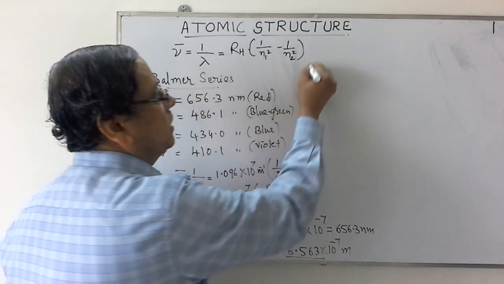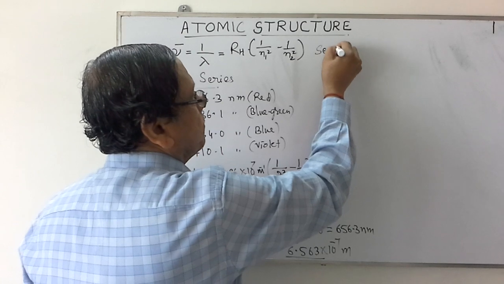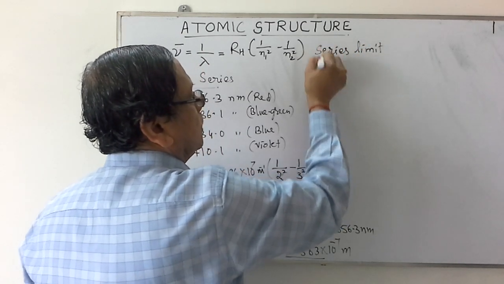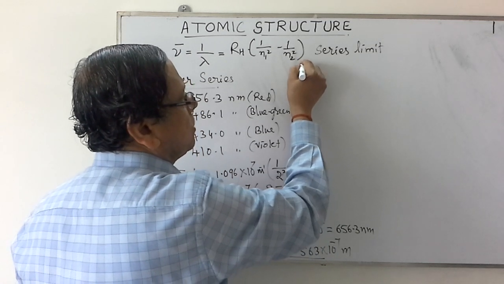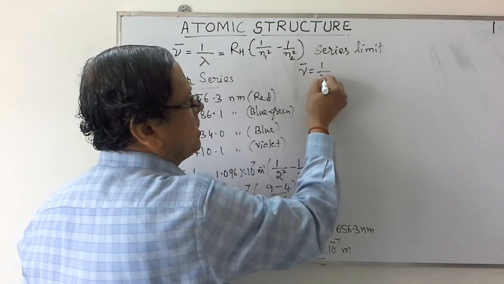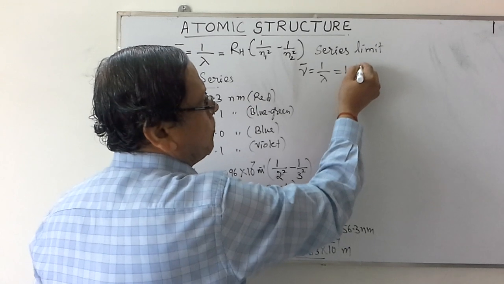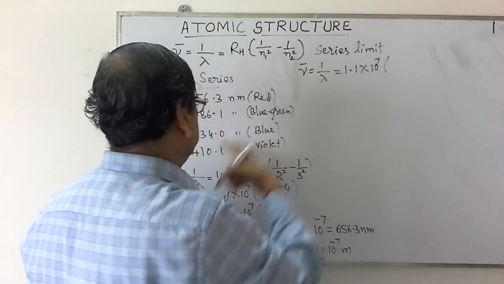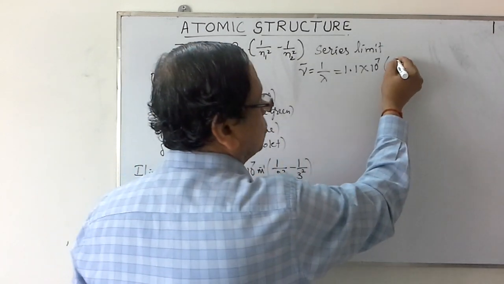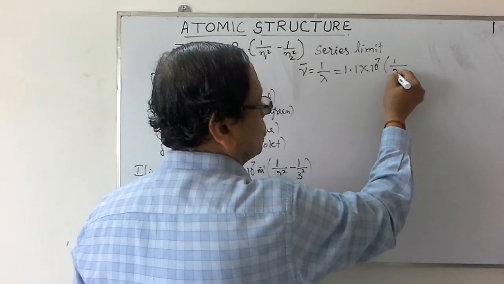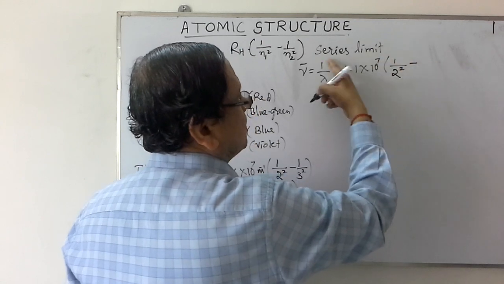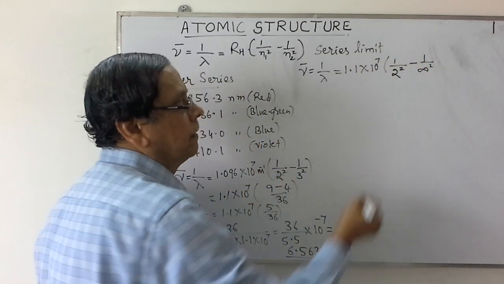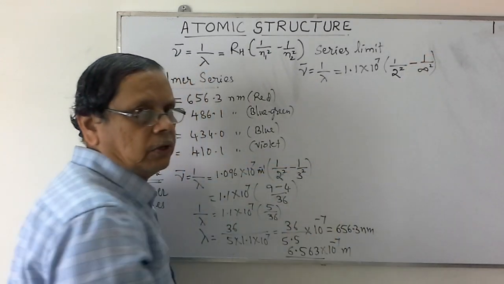Suppose you want to calculate the series limit. Then you substitute nu bar is equal to 1 by lambda is equal to approximately 1.1 into 10 power 7. For the Balmer series n1 is equal to 2, therefore it is 1 by 2 square. For the series limit, you substitute n2 is equal to infinity, so 1 by infinity square is 0.